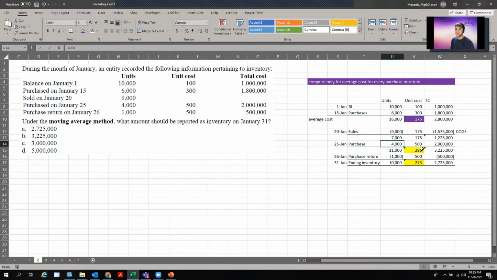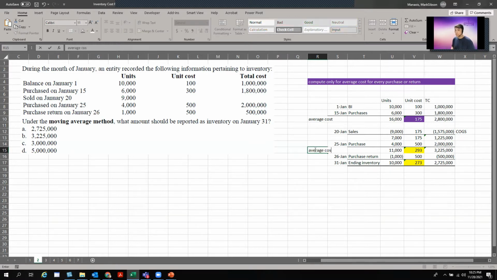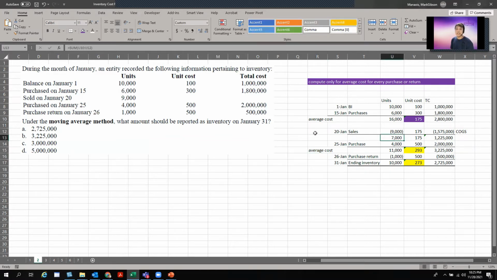Then on January 25, bumili ulit tayo 4,000 units. Magkano? 500 pesos per unit for a total cost of 2 million. Again, this is the second instance where there is a purchase. So therefore, we have to calculate again for your average cost. So paano ulit yun? All we have to do is get the sum. So remaining balance natin kanina is 7,000. Add 4,000 purchase that we made on January 25.